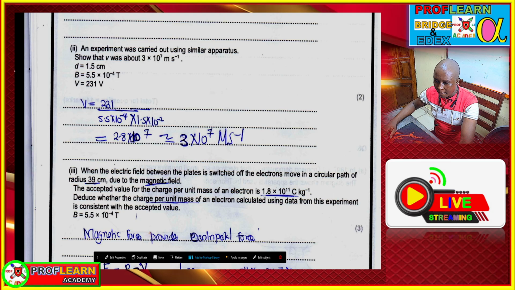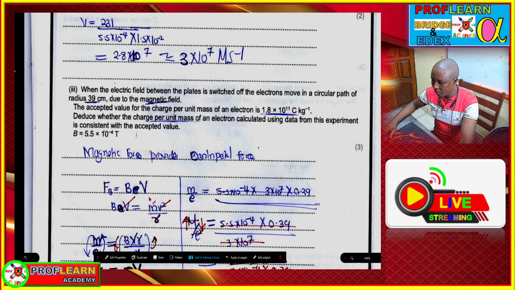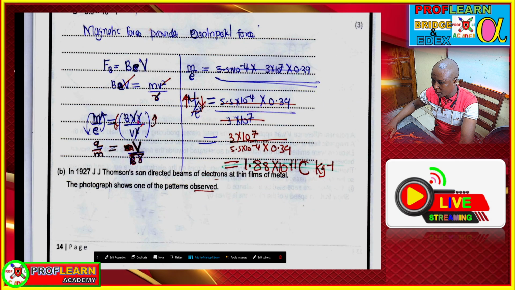Okay, so I think we now need to move further to the next question. And the next question here, we are told when the electric field between the plates is switched off, electrons move in a circular path. Yeah, they move in a circular path. Remember, the presence of a magnetic field is going to produce a force, and the force of a magnetic field on a moving charge is usually perpendicular to the direction of that particular charge.